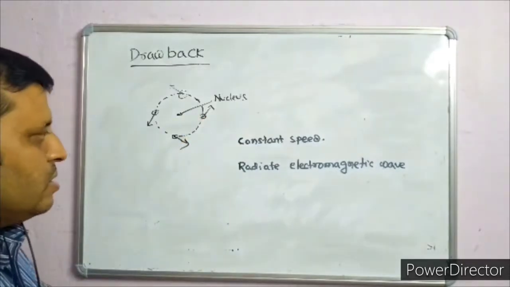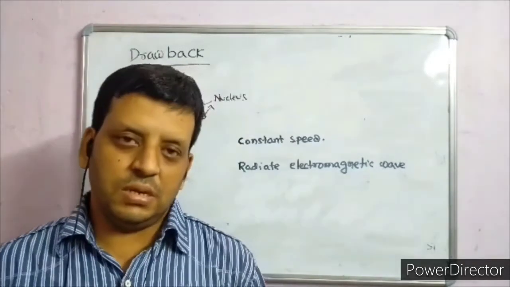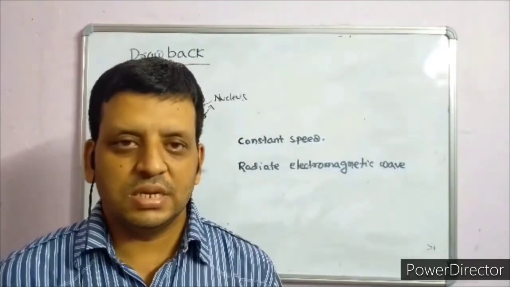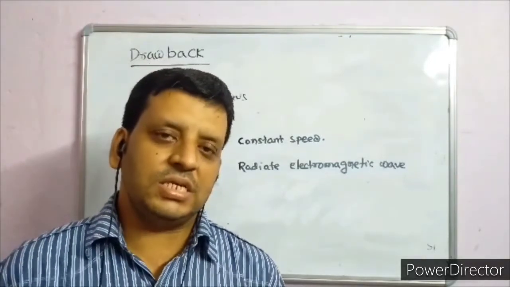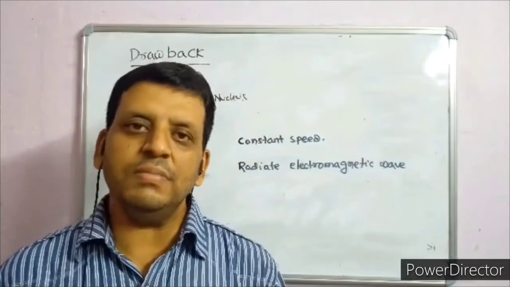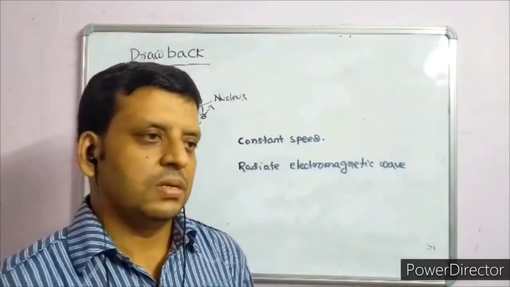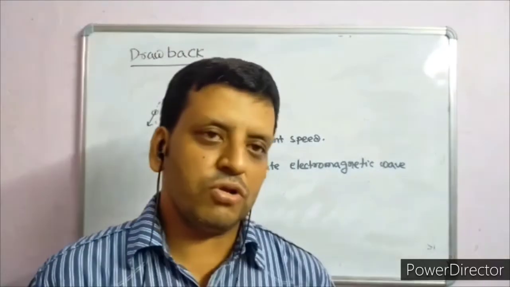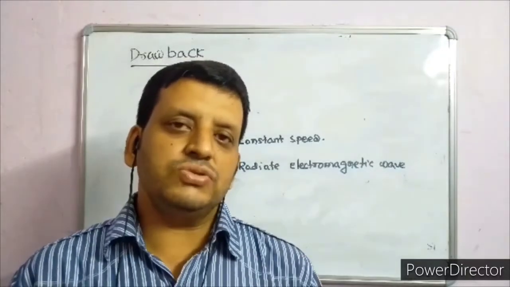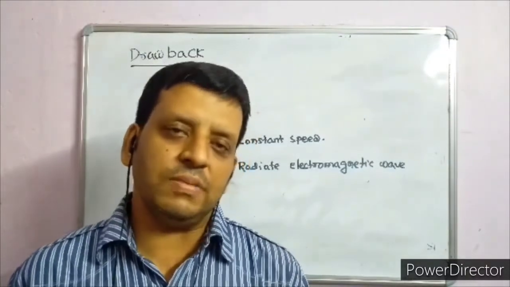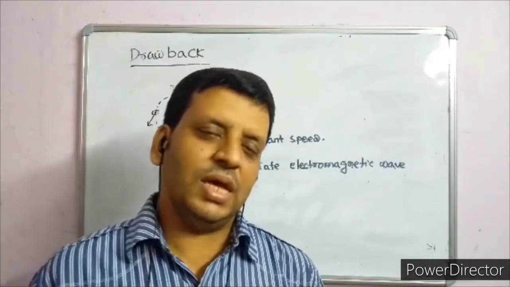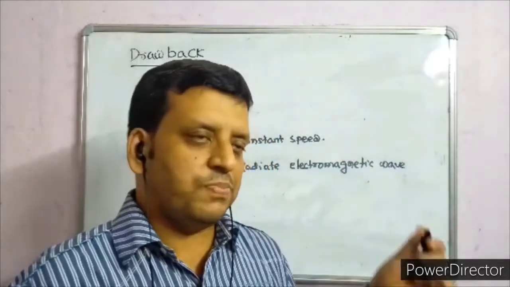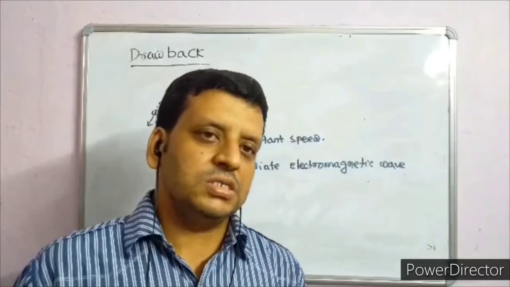We know that this electron, even if it is moving at constant speed, accelerates, and due to this acceleration it should radiate some electromagnetic wave. So that means when this electron radiates electromagnetic wave, its energy should decrease, and if the energy of the electron decreases, then its path, or the radius of the circle, should decrease.